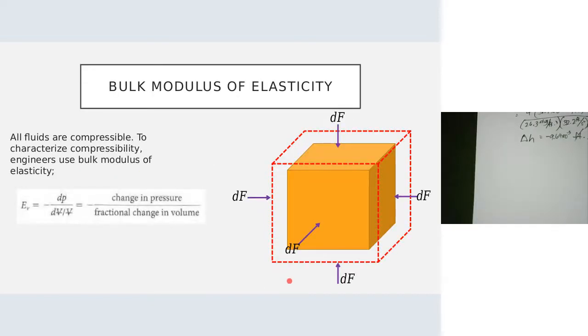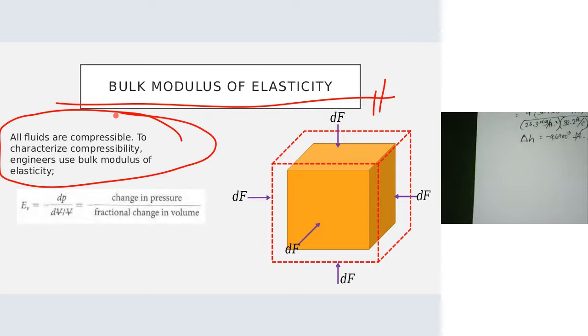Okay, so let's go to the last two properties. We have bulk modulus of elasticity. What is this property of fluid? Well, yung fluid kasi, lahat sila are compressible. And to characterize compressibility, we use bulk modulus of elasticity.